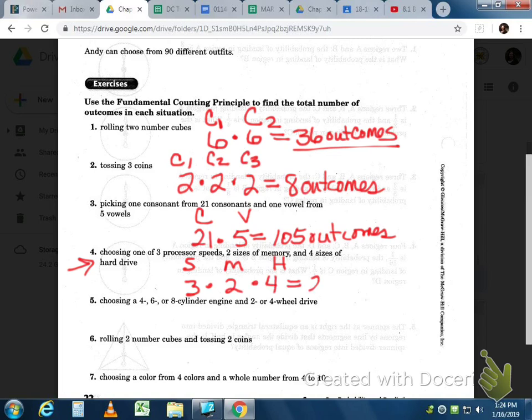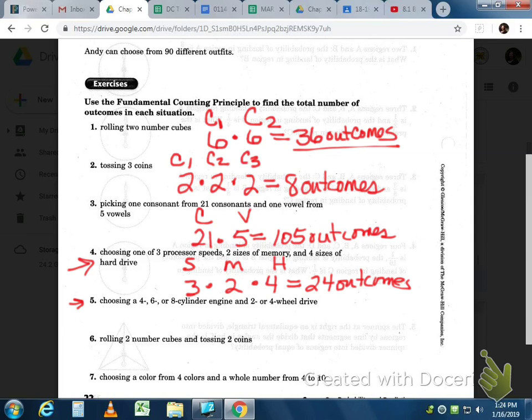24 outcomes. Okay, I want to do one like number 5 especially because all those numbers might look tricky, but I can choose between a 4, 6, or 8 cylinder engine, and I can choose between 2-wheel or 4-wheel drive.